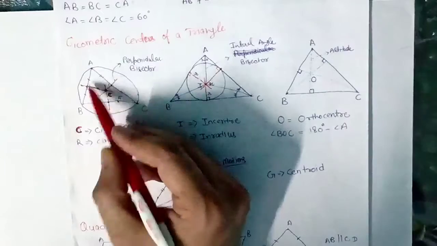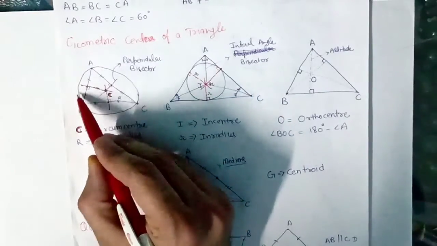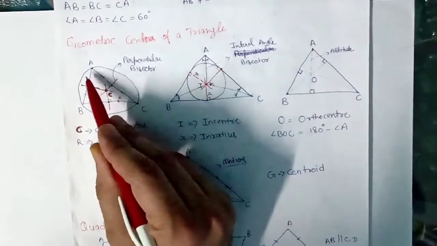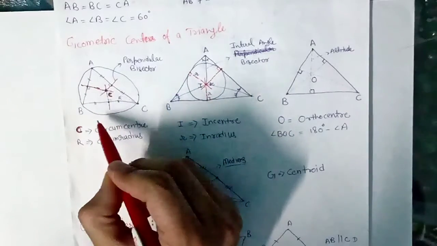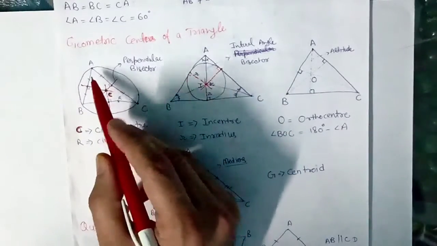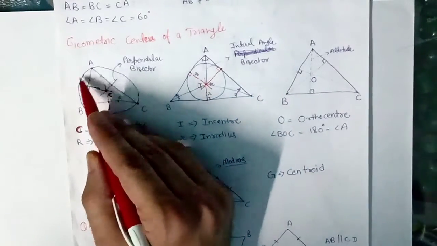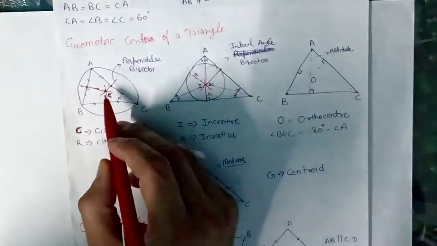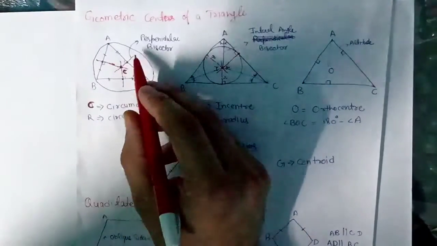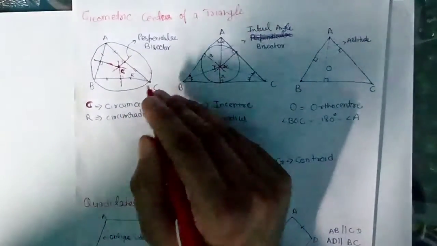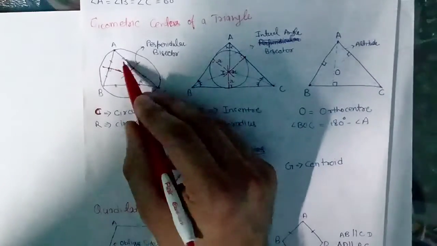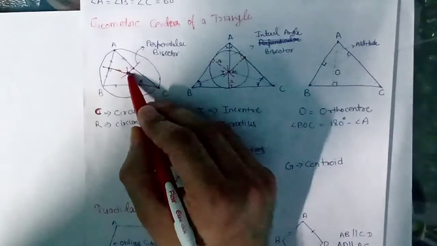So we have this triangle and a circle circumscribing this triangle. The triangle is inscribed inside the circle. The perpendicular bisectors of the sides meet at a point.